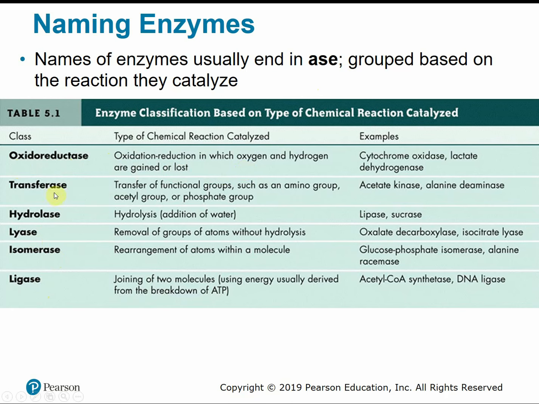Transferase enzyme is involved in transferring functional groups between molecules. Hydrolase is a hydrolysis enzyme. Ligase is an enzyme that's involved in joining two molecules together. So it kind of ties molecules together. So it forms a ligature, right, or a ligand. So ligase, it forms a ligature or a tie for two molecules.